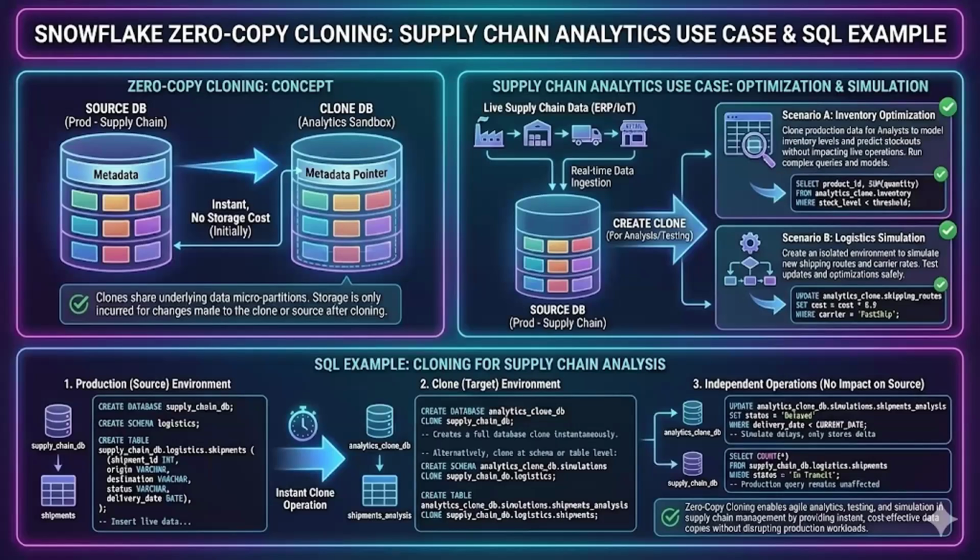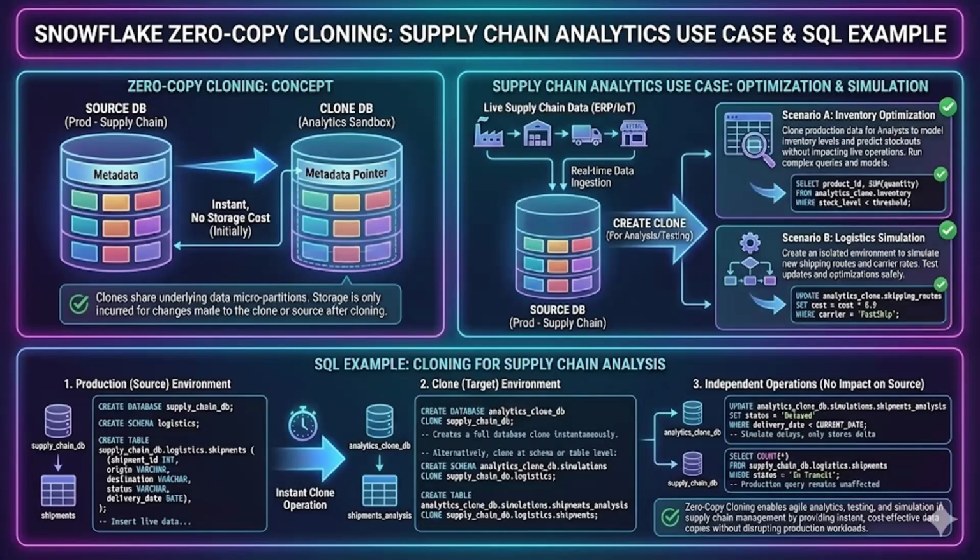When you implement zero copy cloning, you will use it in different ways according to your project demand. For example, in a supply chain example, where I want to simulate logistics, I want to update some data. I don't want to touch the actual production database, so I will create a separate database for this particular simulation, and we'll use that database for our logistics simulation.